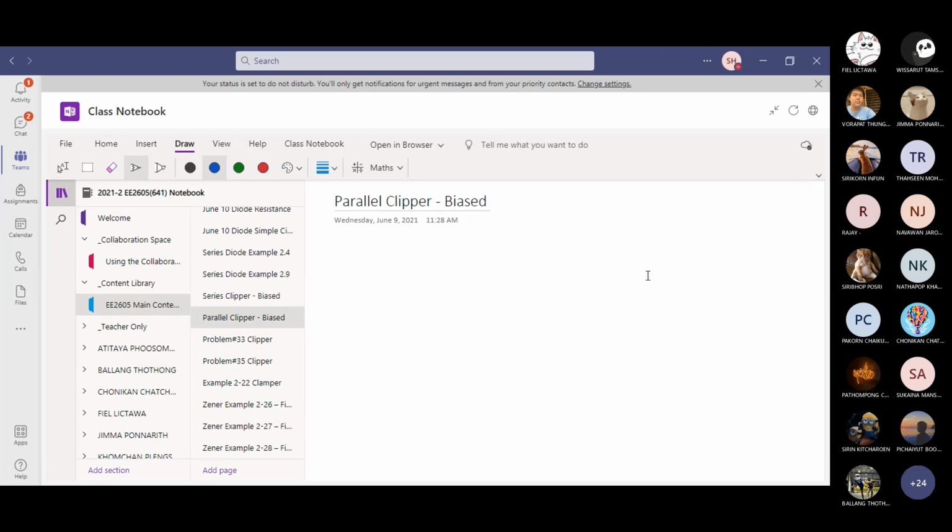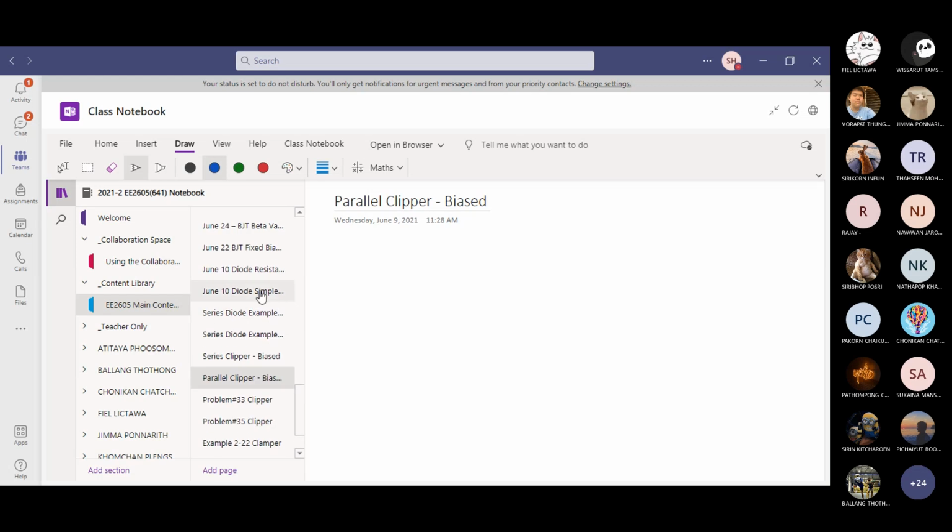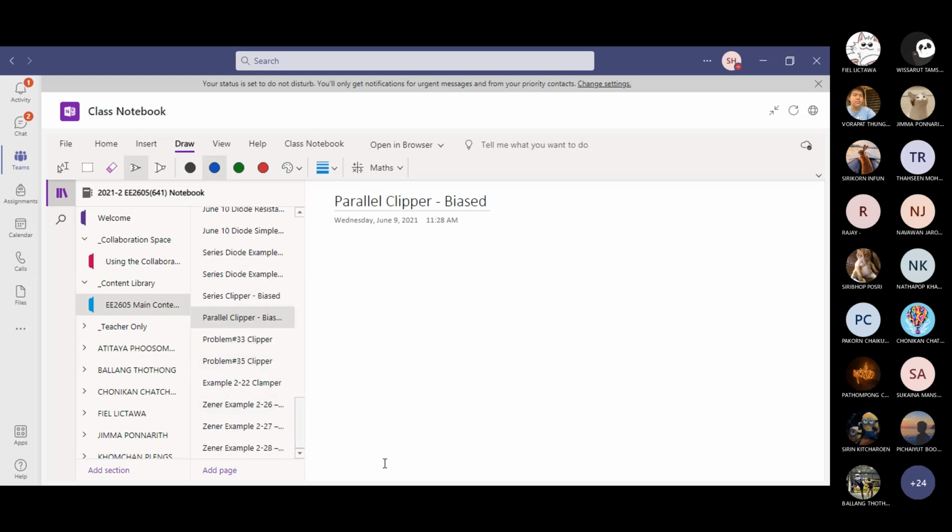The picture is totally gone from here. Series clipper we just did, parallel clipper, the picture is gone, so that's why I could not show you. The next topic is clamper. Maybe we do not go to detailed analysis today. In the next class we will, but I still have to teach you the clamper for today's class.